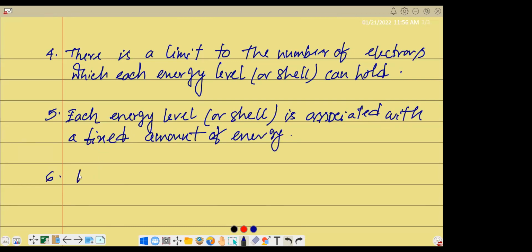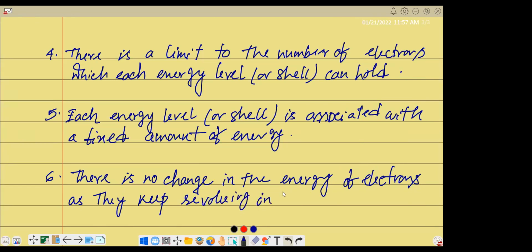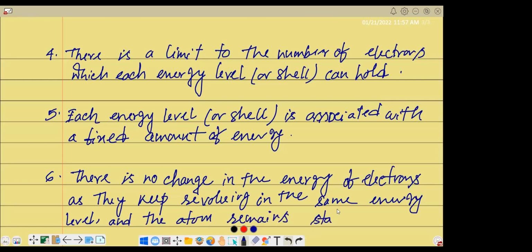And number 6 is that there is no change in the energy of electrons as they keep revolving in the same energy level. And the atom remains stable.